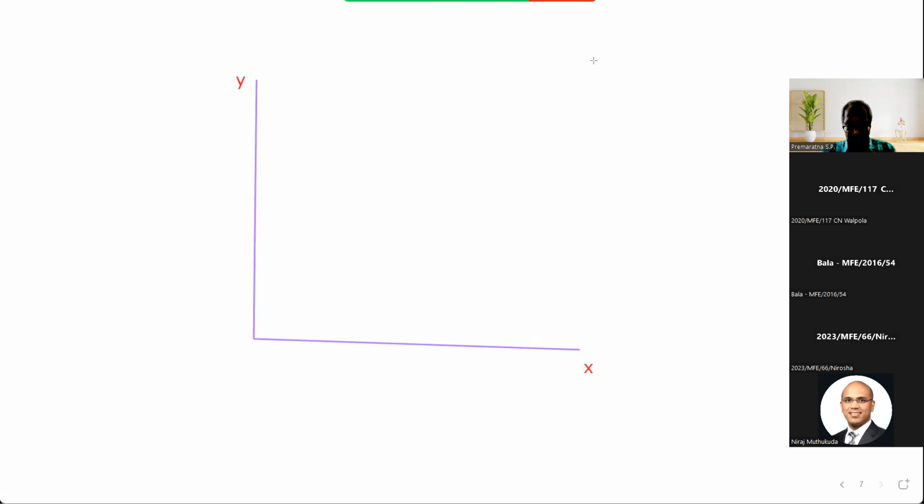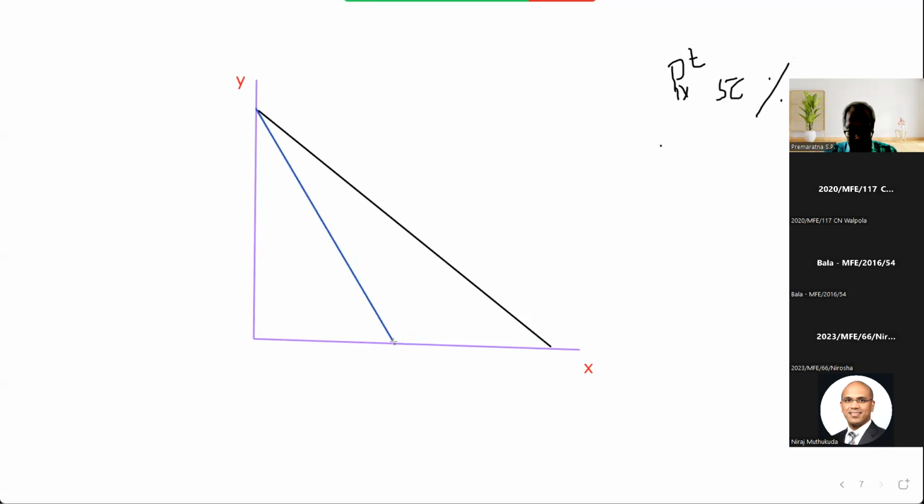If the government imposed a tax, only, not a direct tax, only let's say on X, government imposes a 50% tax on X. In that case, what happens to the budget line? Let's say the original budget line. If a 50% tax is imposed, the new budget line rotates clockwise, and comes like here.